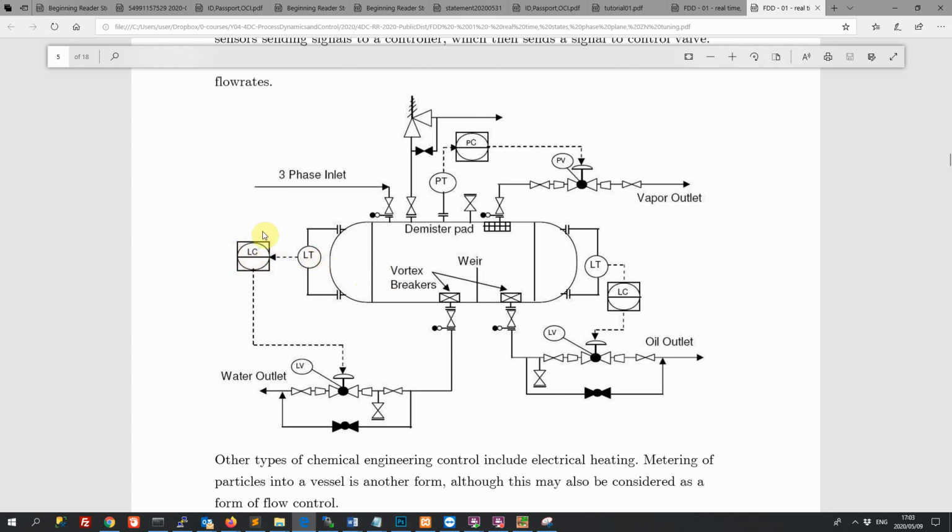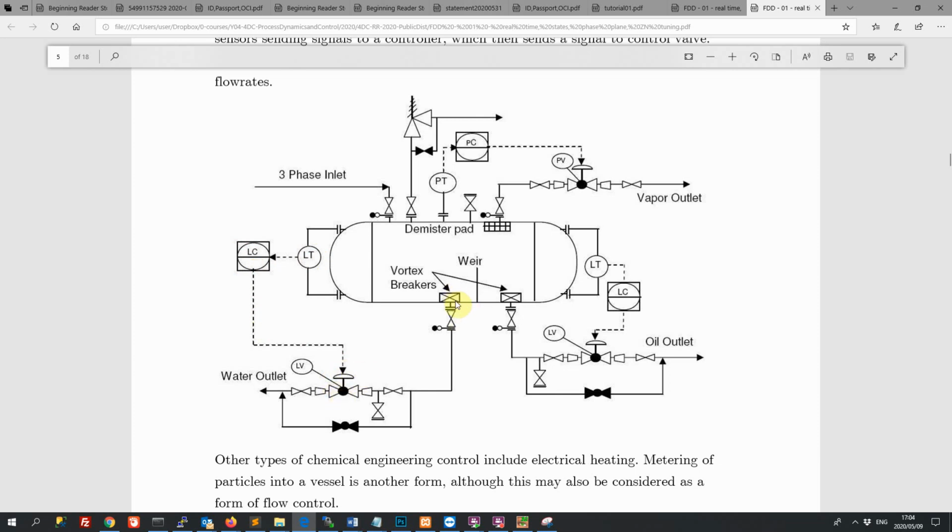So there's some logic that is residing in some electronics here, and we've got some measuring device that's transmitting the current level there. And then you can imagine another line here where someone is trying to impose a set point. So they're saying, well, I want 1 meter in the tank, but you are telling me it's 0.8 meters in the tank. So there's some difference here. So that error is then used to drive the control action.